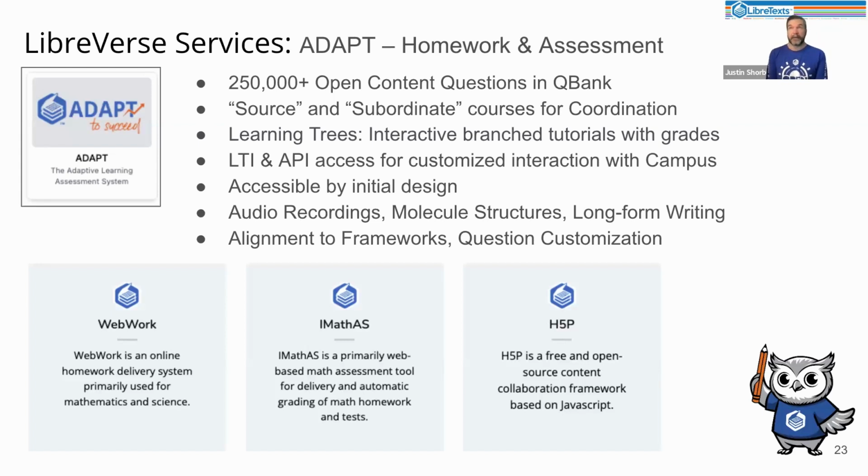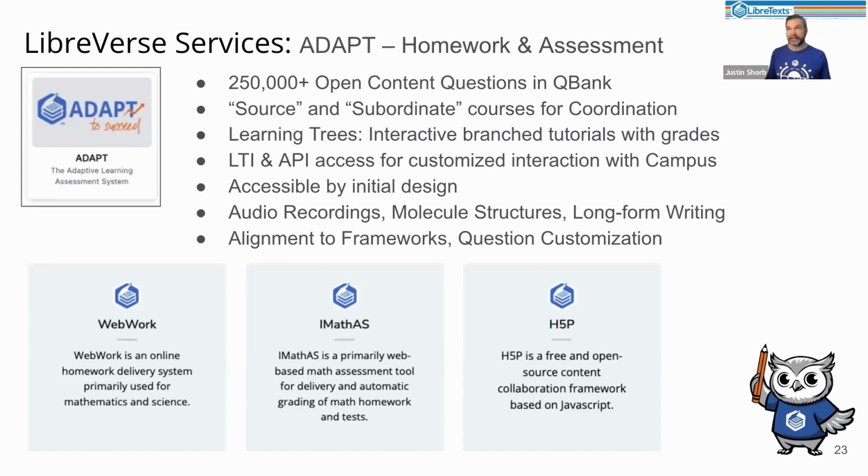We have what I would call a source and subordinate course system. So you can have a master course where perhaps you're a coordinator for a large enrollment with many sections. You can maintain one master course that can control all of the other ones. We have learning trees, which are adaptive modules for learning as well as assessment along branched pathways.